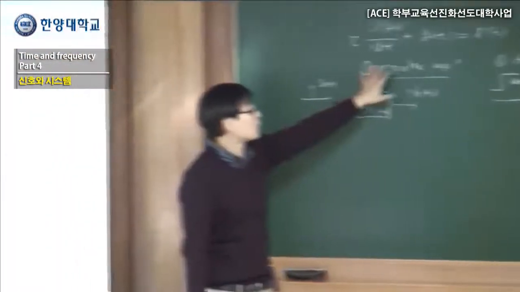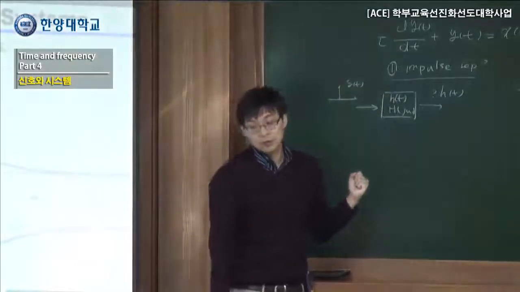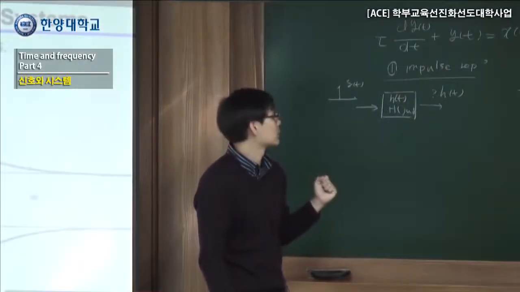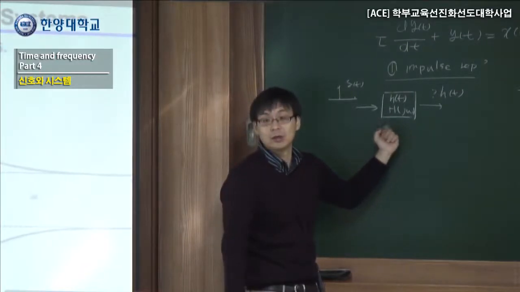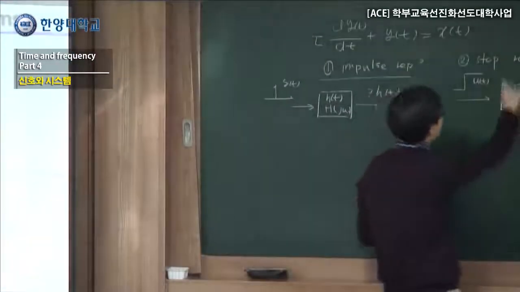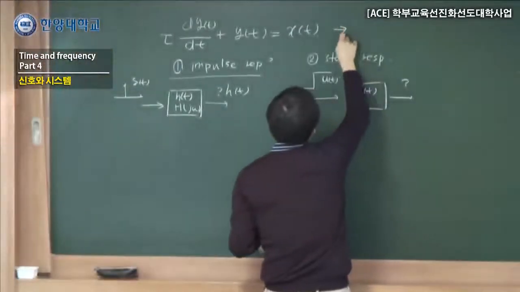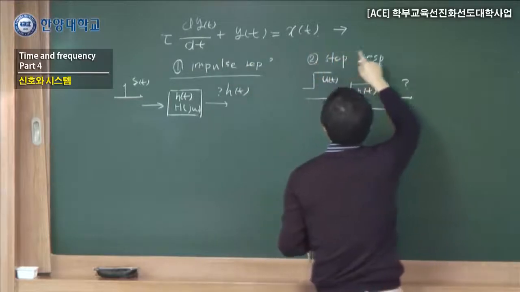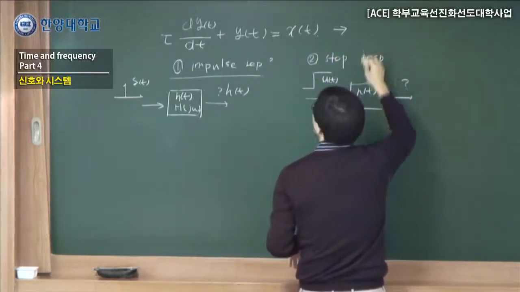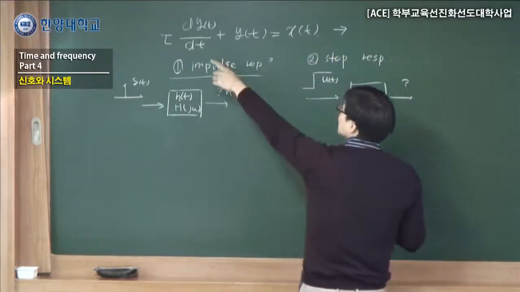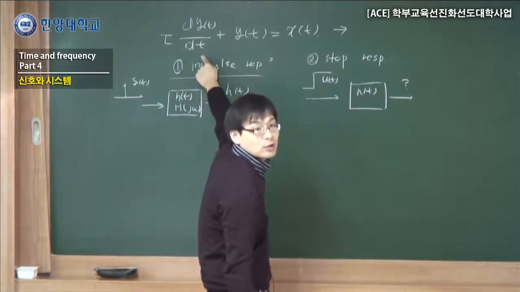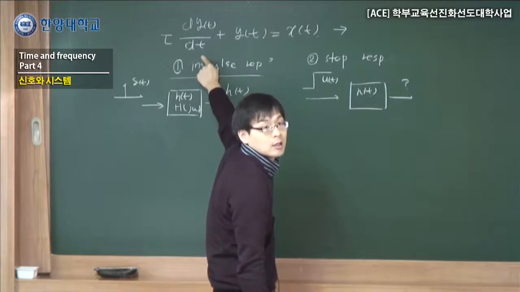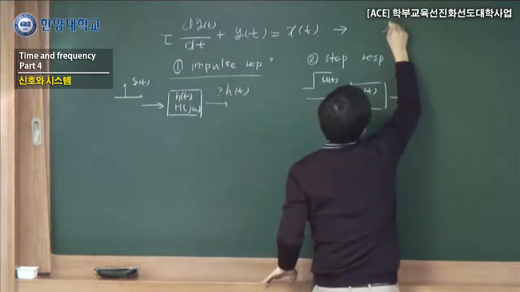So let's do it one by one. To calculate the impulse response, we have to calculate H, the transfer function. So how do we do it? In the Fourier transform, we have learned that we change this to the time-frequency domain, and differentiation in continuous time becomes j omega.